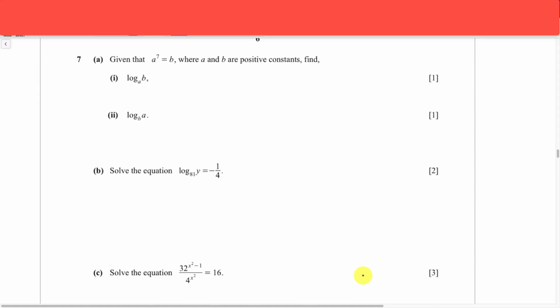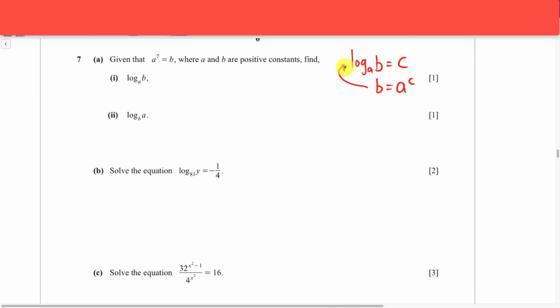Given that a to the power of 7 equals b, where a and b are positive constants, find log_a b. It's quite simple, so you should understand this law. If log_a b equals c, then b equals a to the power of c. Because of this, what I want to do is work backwards, from this back to the log.